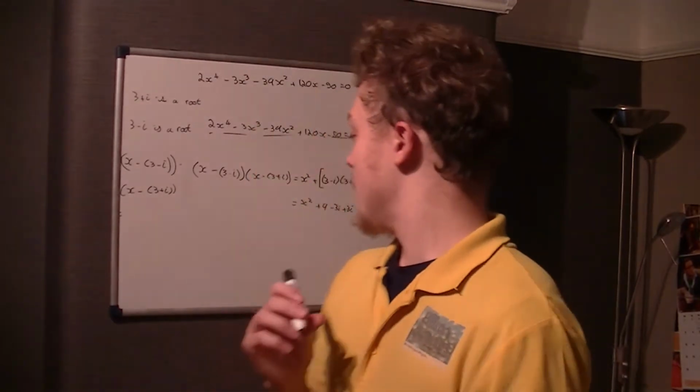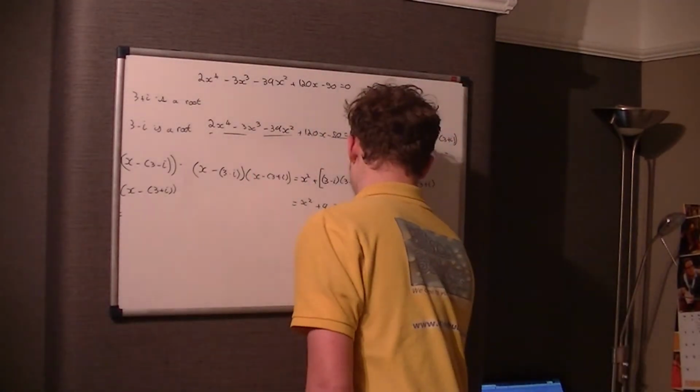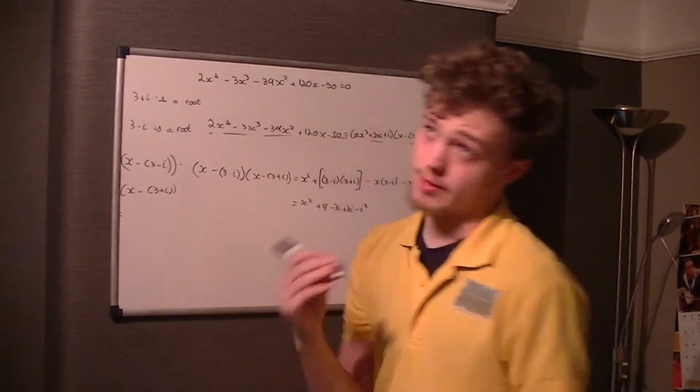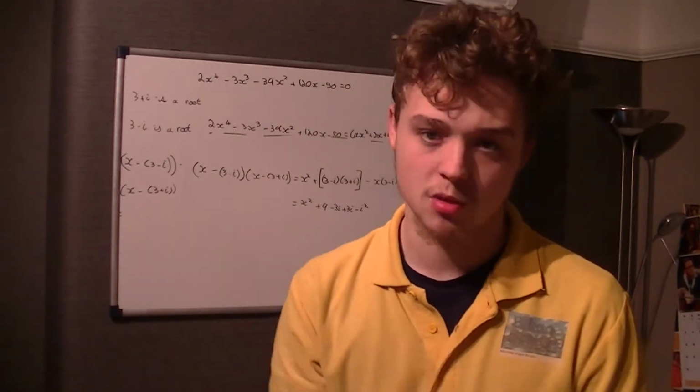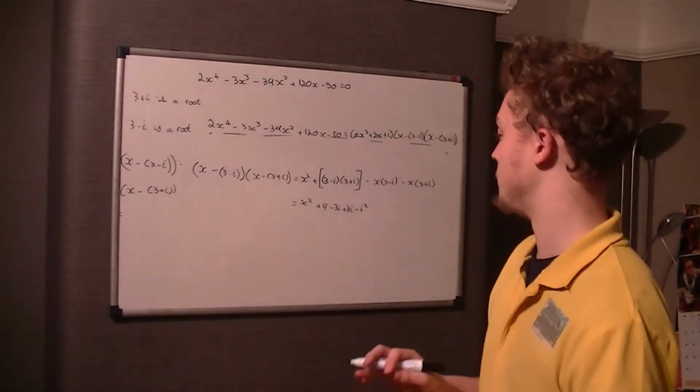Now, bearing in mind, what we've got there is negative i squared. Now, I'm just going to explain something. You know, i is root negative 1, so root negative 1 times root negative 1 is minus 1, sorry. And we're taking away minus 1, so we just add 1, but I'll write that in a minute.